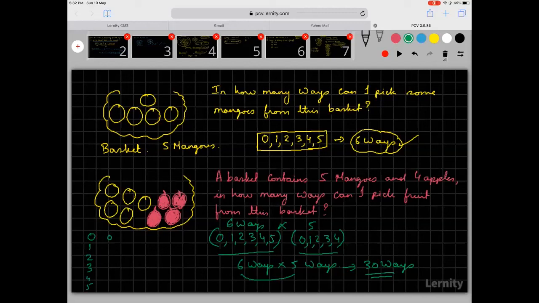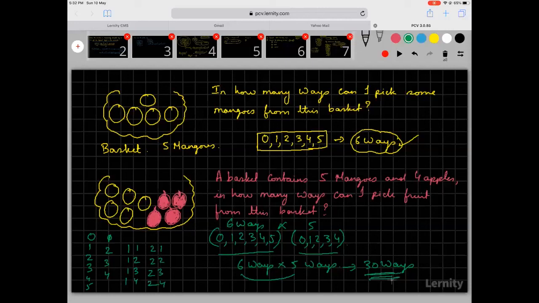Then I can take 1 mango, 1 apple, 1 mango, 2 apples, 1 mango, 3 apples, 1 mango, 4 apples. 2 mangoes, 1 apple, 2 mangoes, 2 apples, 2 mangoes, 3 apples, 2 mangoes, 4 apples. So like this, if I count all of them, I'll get 30 ways.